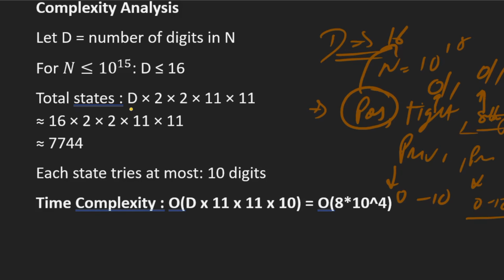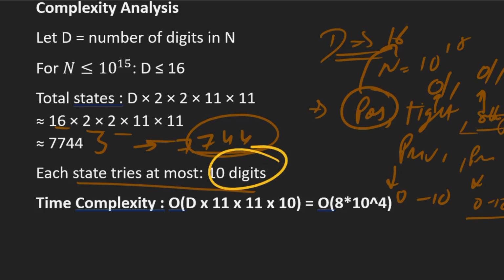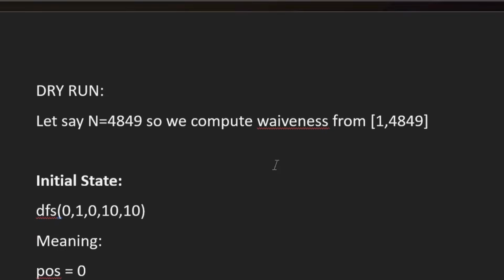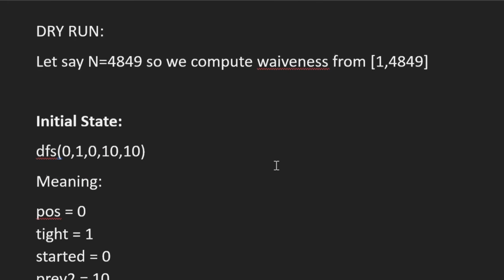So the total number of states will be 16 into 2 into 2 into 11 into 11, that is 7744 states, right? And at most each state will try 10 digits. So the total time complexity will be O of d into 11 into 11 into 10, which is approximately 8 into 10 to the power 4. So that's the time complexity of this approach, right? Next we'll see with the help of an example.